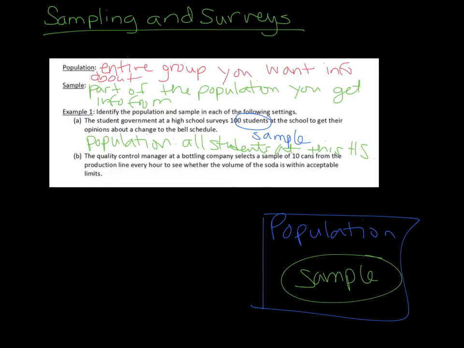So in this case, the population is all possible cans of soda that this company produces. We're going to assume that there's a lot of them, so it wouldn't be feasible for them to test every single one. The sample is the 10 cans per hour that they actually test.